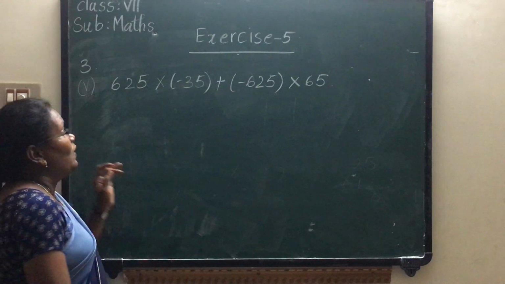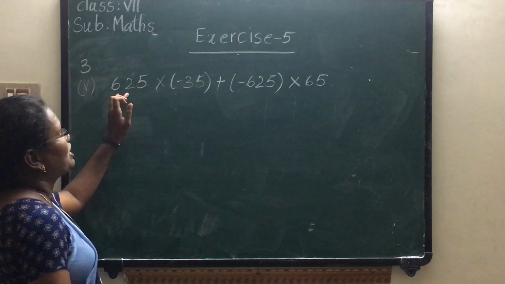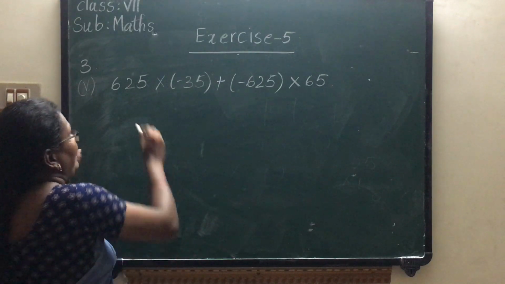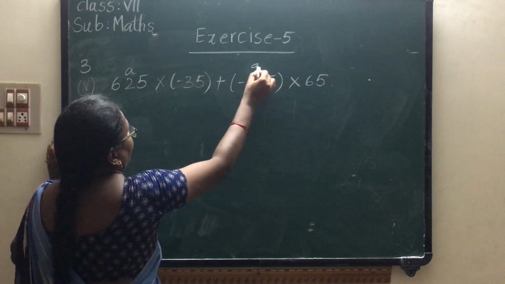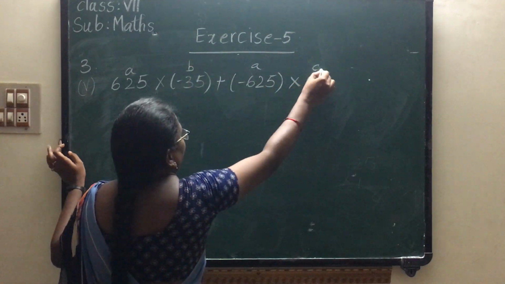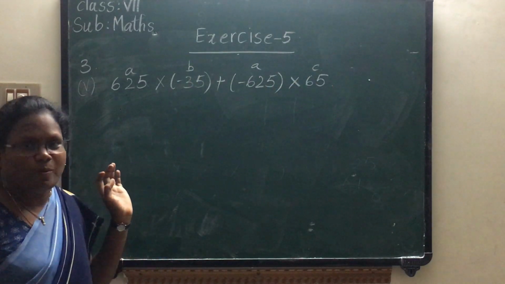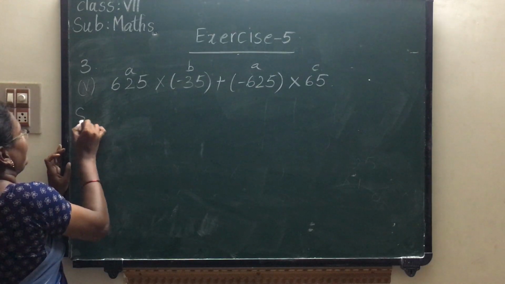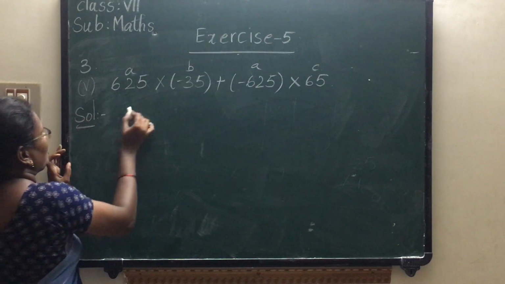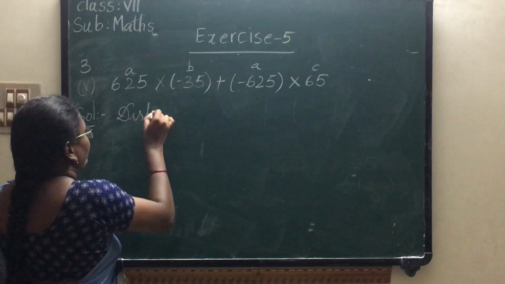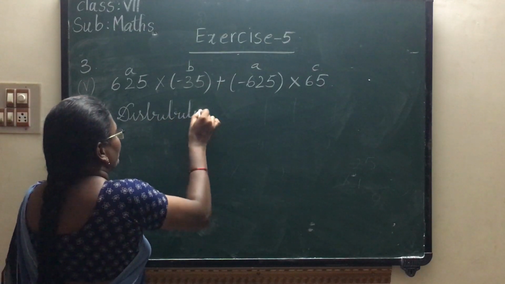Listen carefully. Which terms are the same? 625 is the same. This is A, this also A, this is B, this is C. Which property? Distributive property over addition.